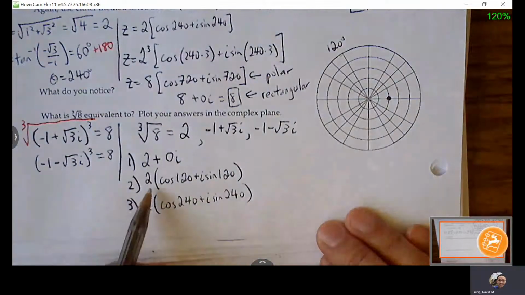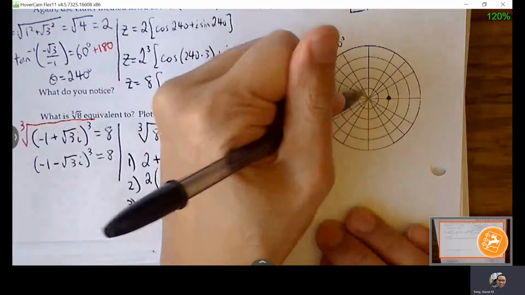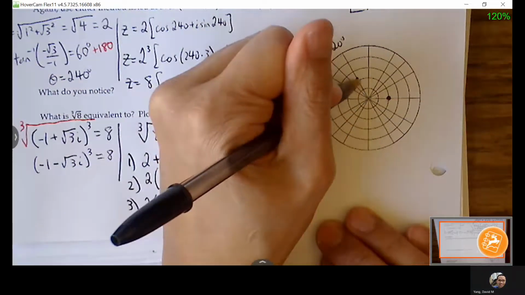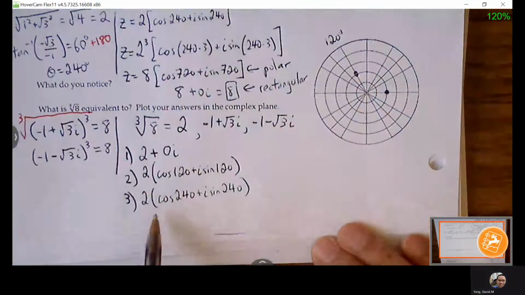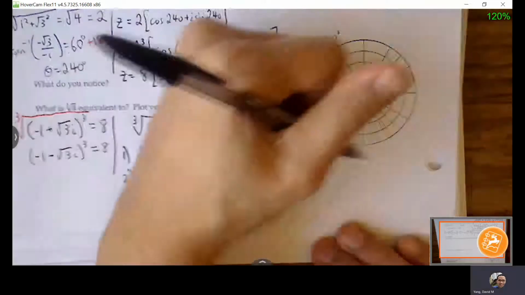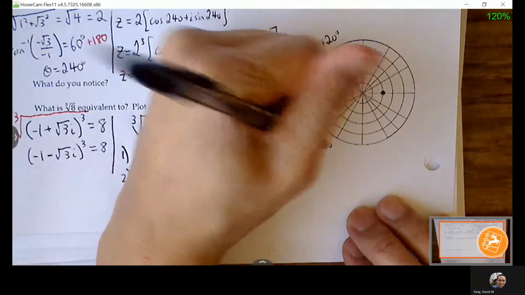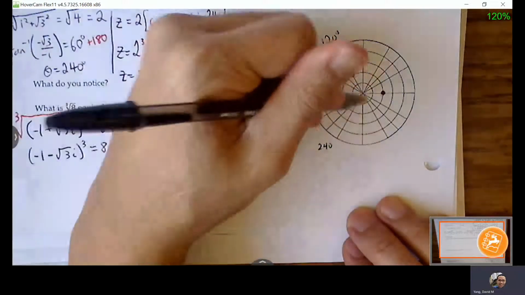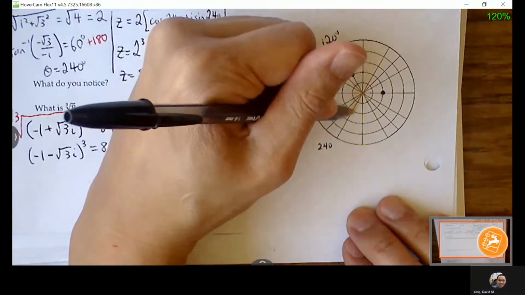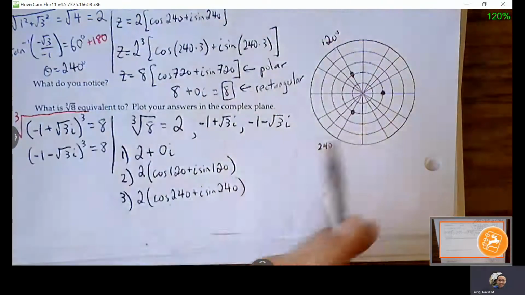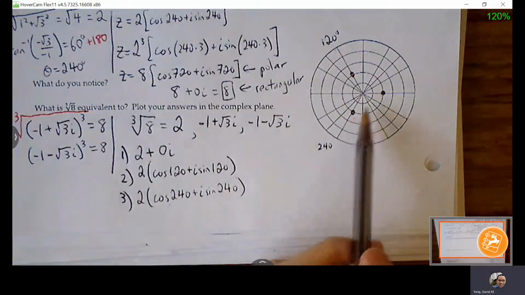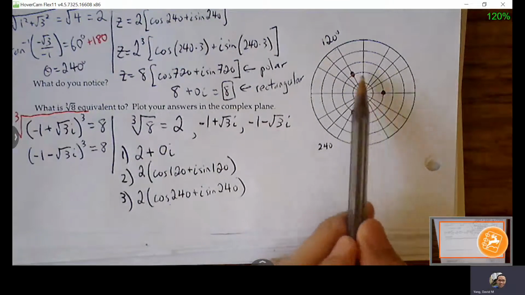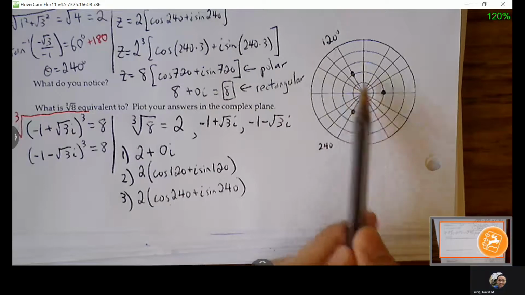We'll go 2 units out towards that angle. And then 240 is down here. And we'll go 2 units out towards that as well. So you see how the cube roots of 8 on the polar graph are equal distance from each other.